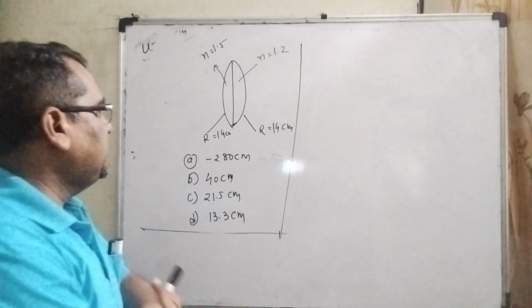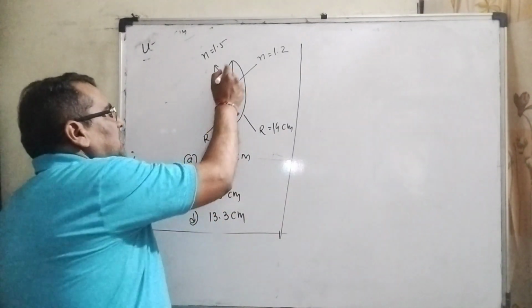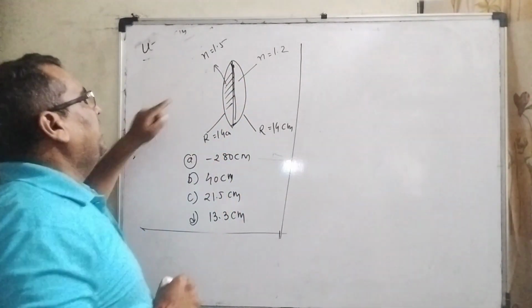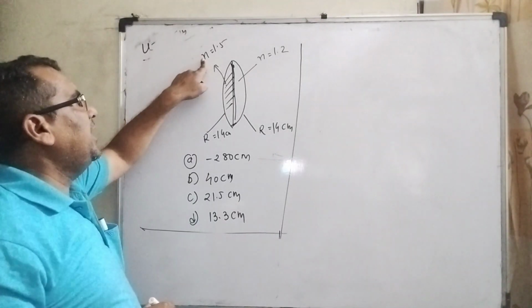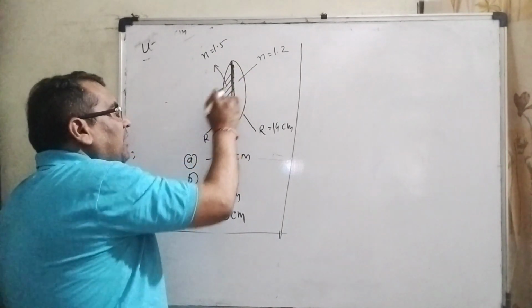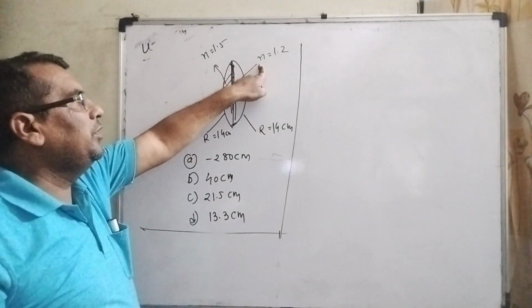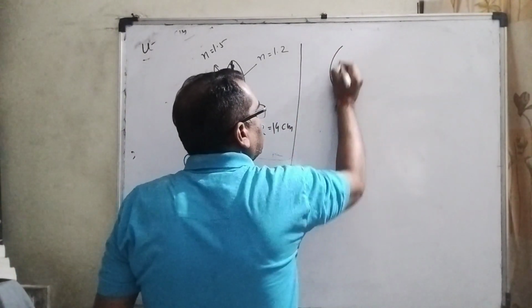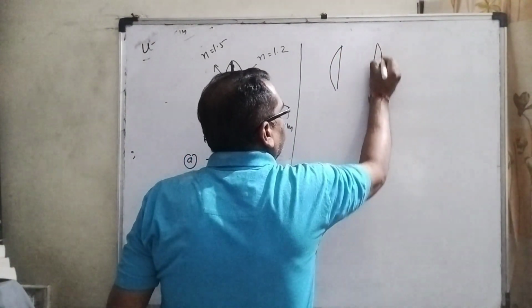Okay, what does the question say here? The first half is made of a different material, its refractive index n equal to 1.5, and the second half is made of a different material, mu equal to 1.2. So we have considered two different parts like this and this one.